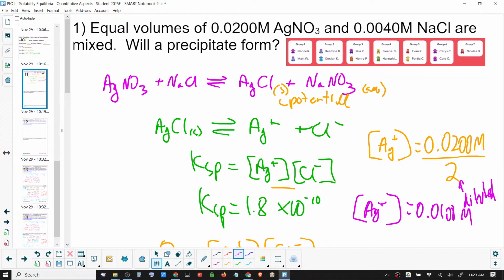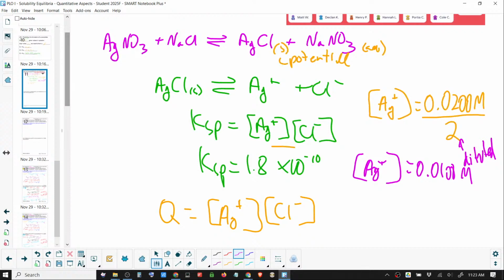Here, I'll be sitting with it. Is this right? Wait, is it Q? I don't know. I don't even remember. Eventually. Because it's going to be like the KSP.